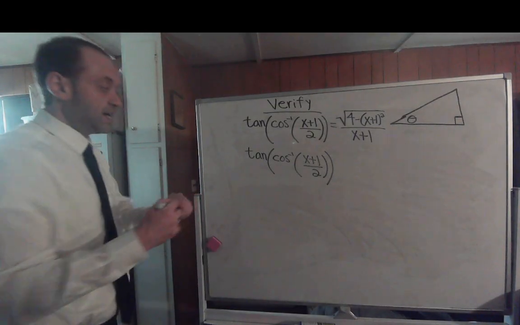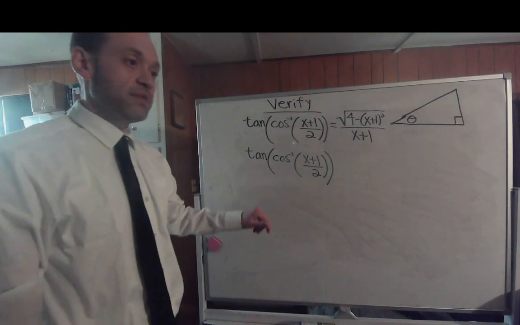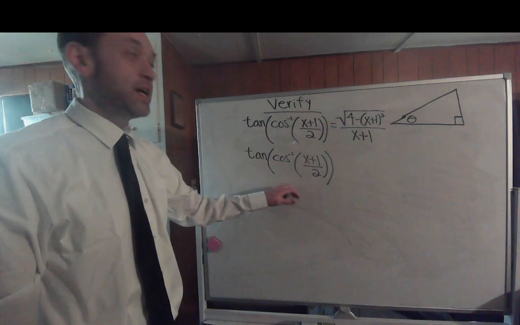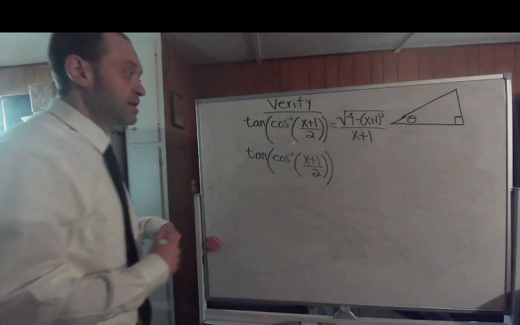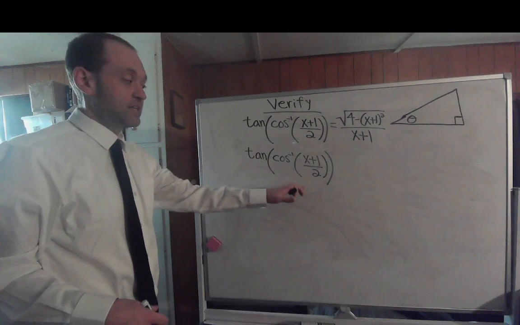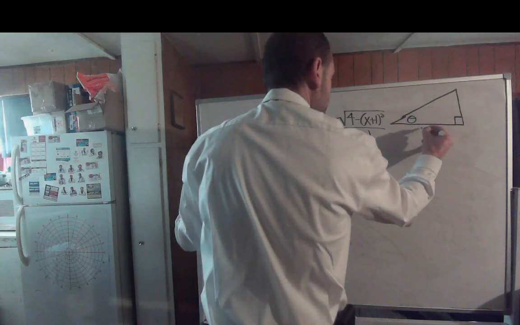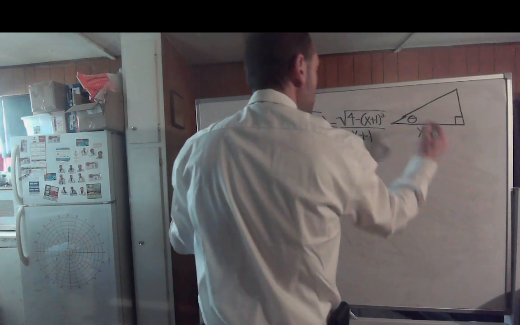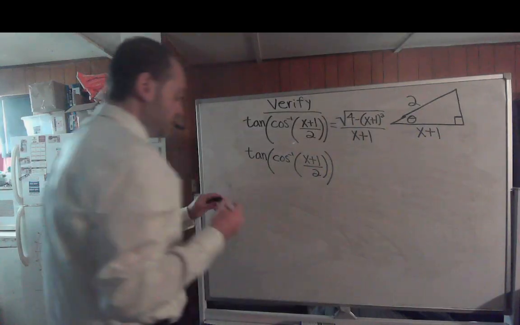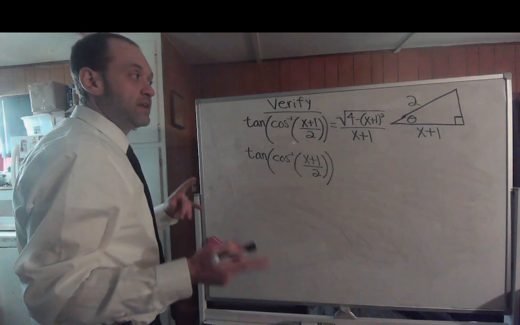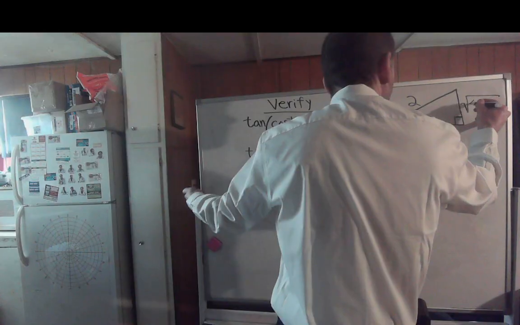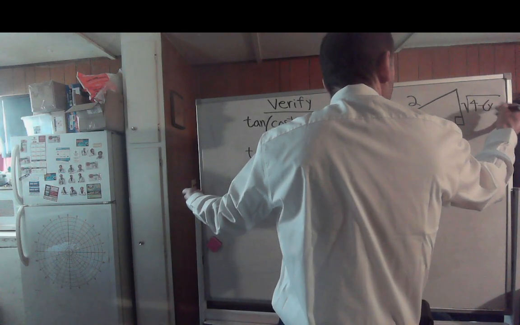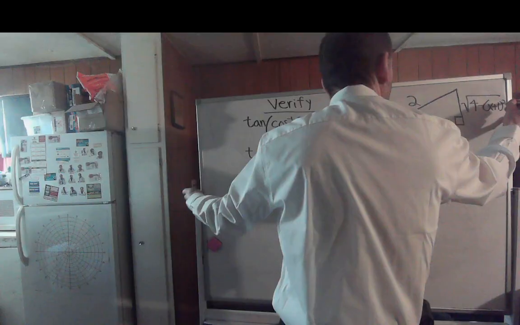So inside the parentheses here, this is the same thing as saying what angle gives you a cosine of (x plus 1) over 2. Well, that's going to be theta. Cosine is adjacent over hypotenuse, so adjacent is that x plus 1, hypotenuse is 2. And then we can use the Pythagorean theorem to solve for the missing side, which, what do you know, is the square root of 4 minus the quantity (x plus 1) squared.